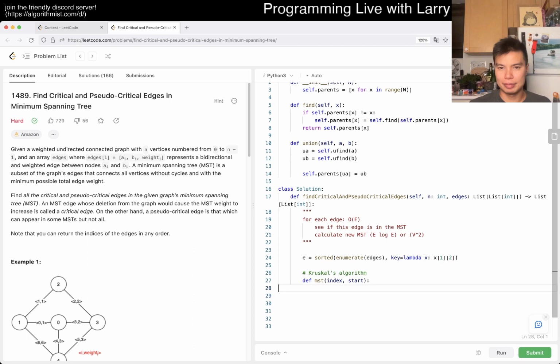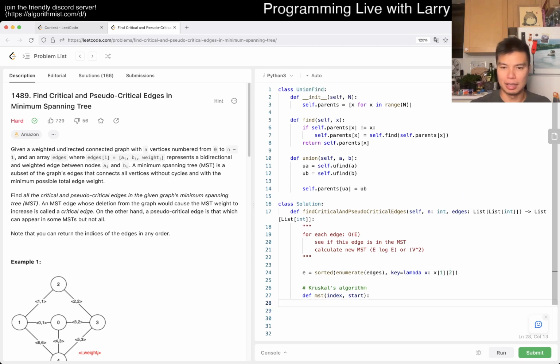Right. And then now we have n items, right?